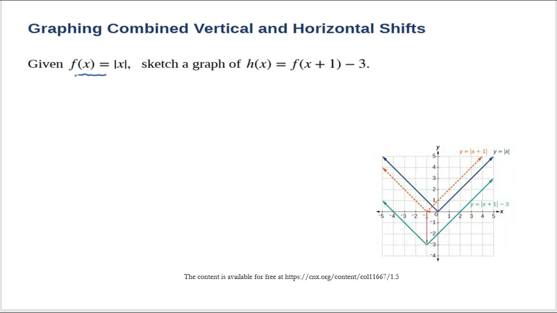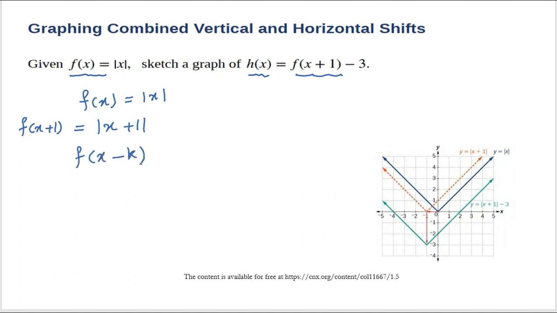Given f of x, sketch h of x. So f of x is equal to the absolute value of x. F of x plus 1 is equal to the absolute value of x plus 1. So 1 is inside the absolute value, so we need to move left and right, not up and down.